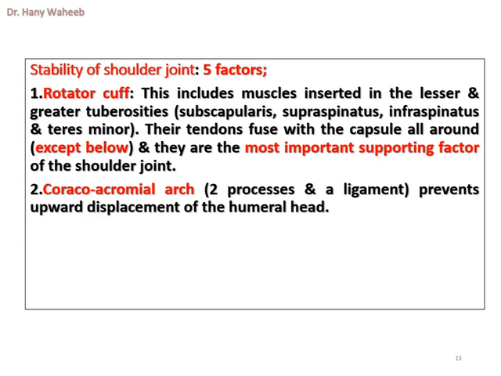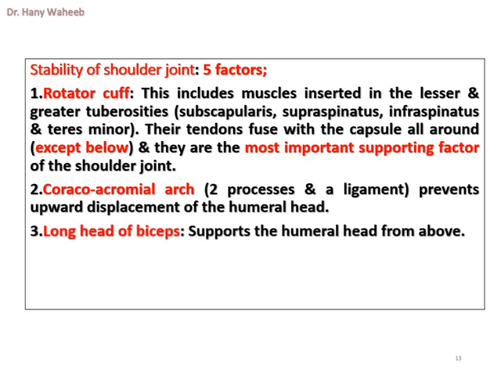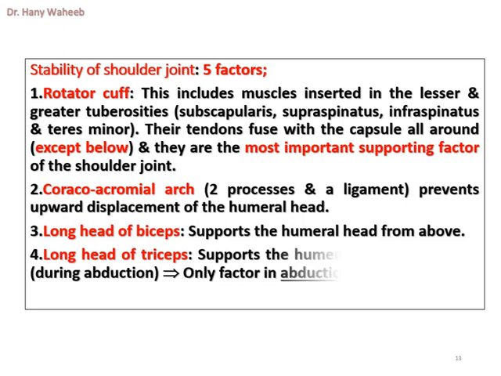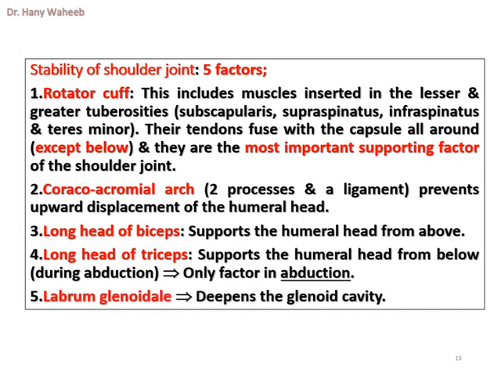Coracoacromial arch, 2 processes and a ligament, prevents upward displacement of the humeral head. 3. Long head of biceps, supports the humeral head from above. 4. Long head of triceps, supports the humeral head from below during abduction, only factor in abduction. 5. Labrum glenoidale deepens the glenoid cavity.